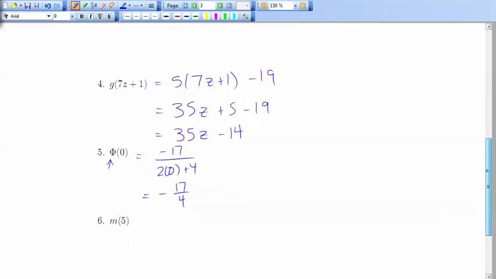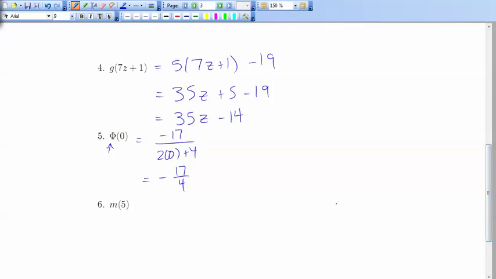And when I get down to my last example here, remember that m of w, that function, was equal to the square root of 6 minus 3w. Okay, that was the function. So if I replace the w with 5, something happens that's a little bit interesting.